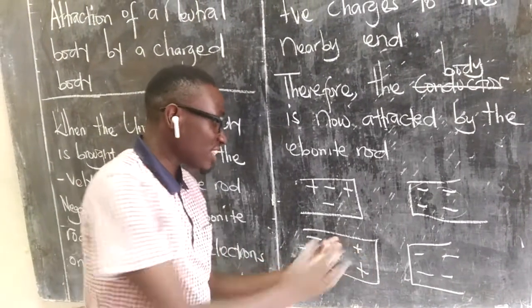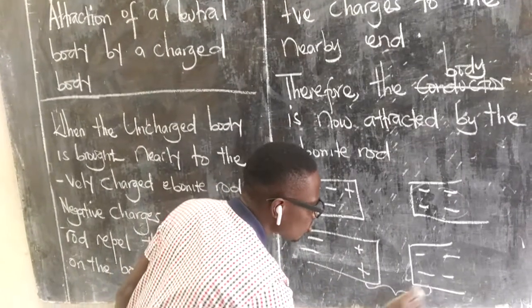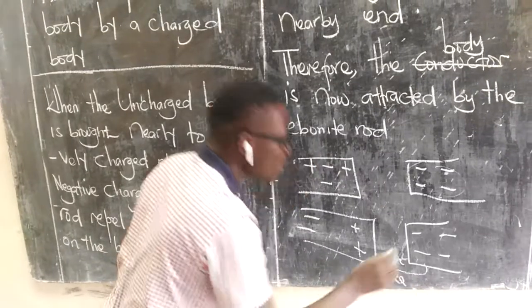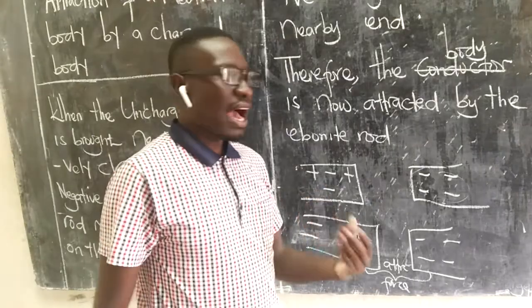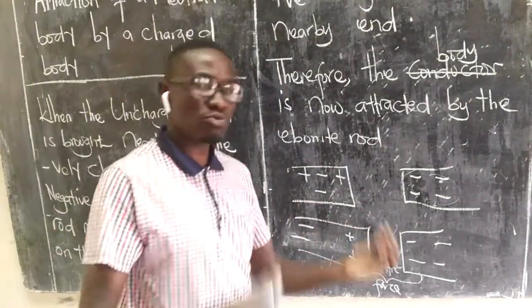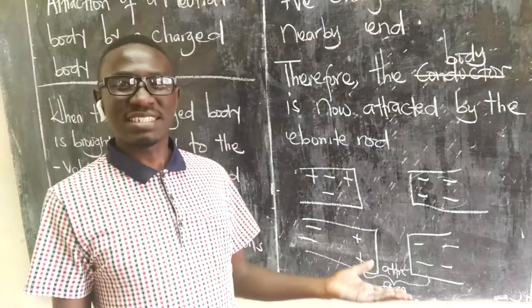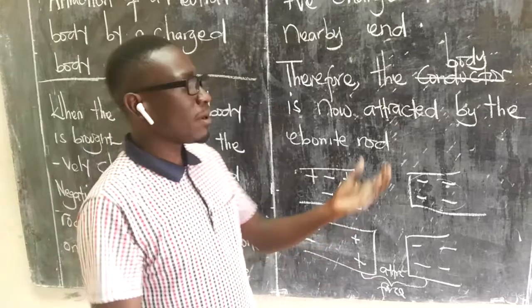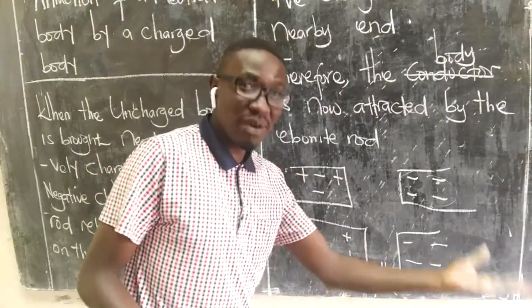And the positive charges shall remain in here. So therefore this will create a strong attraction force. The force of attraction will be stronger than the force of repulsion. And because the force of attraction is stronger than the repulsive force, these two bodies will attract each other.